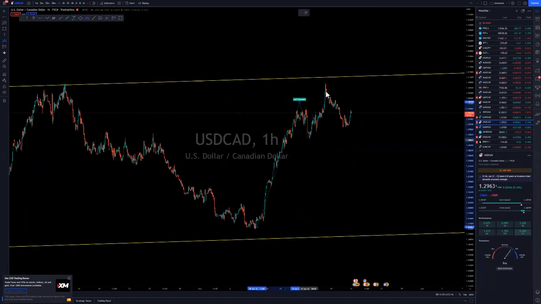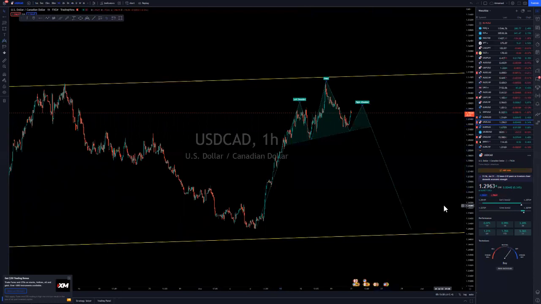This is the head and shoulder pattern. Once you see those things, guys, you can never unsee them.